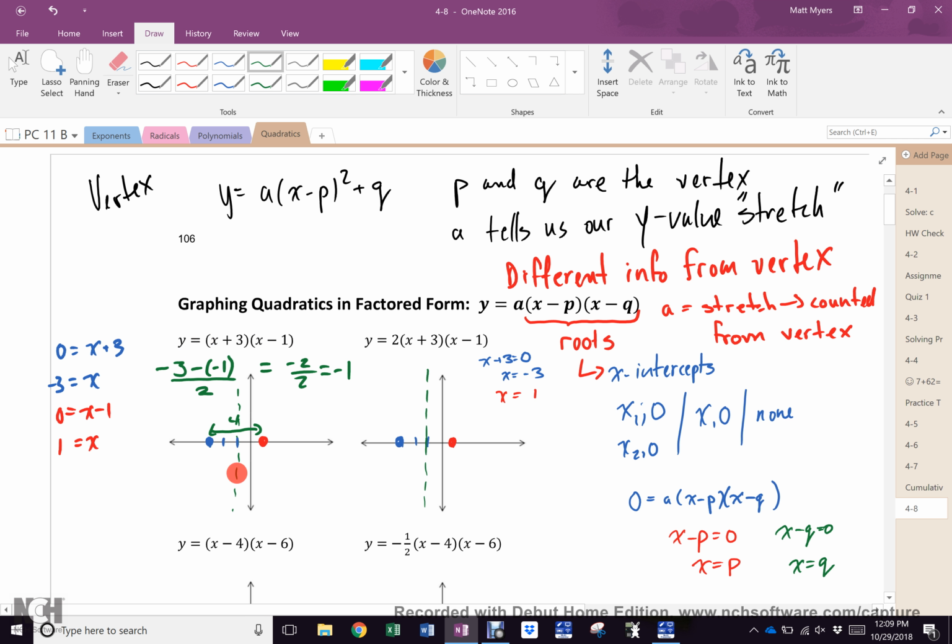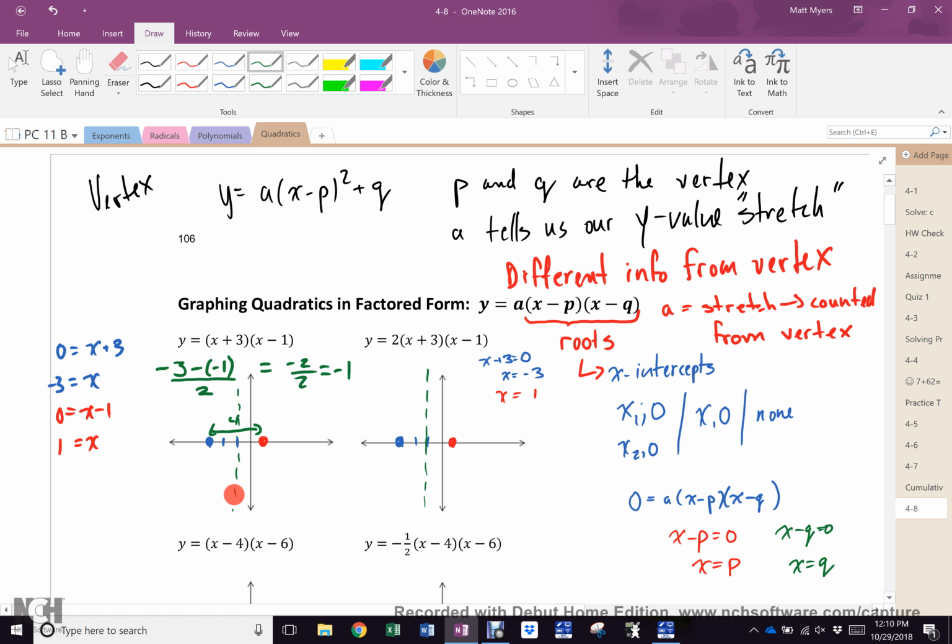So if I go 1 away from my vertex, I need to go up 1, correct? If I go 2 away from my vertex, I need to go up how far? 4. So here's my 2 away from the vertex, yes? Which means I must have had to go down 4, correct?